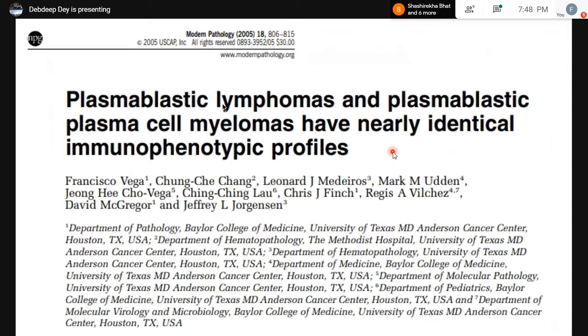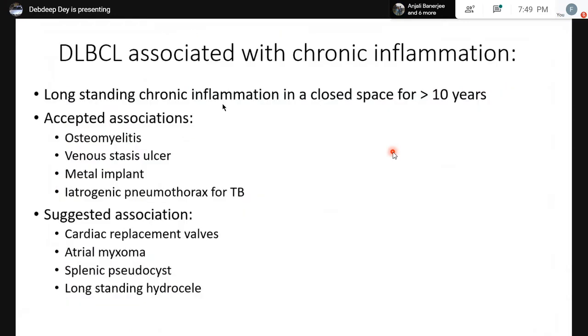But EBER is only positive in 60 to 86% of cases, so in the remaining 20 to 40% of cases, you might get an identical immunophenotype. There, your clinicopathological correlation helps you make the diagnosis. A plasma cell myeloma will present with bone lesions, whereas a plasmablastic lymphoma will present with lymph nodes, and other clinical and biochemical characteristics of myeloma will be present.